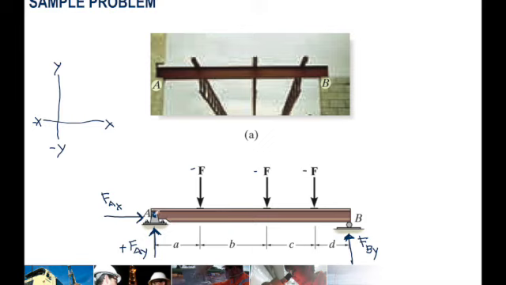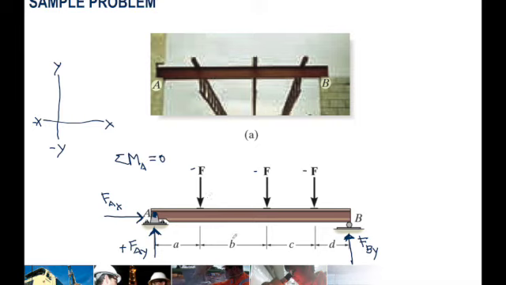So if we do a summation of moments about joint A, it should be equal to 0. What are the moments? We have this force F times A, which will rotate it clockwise. Another force F times A plus B will rotate it also clockwise. And another force F times A plus B plus C, which will also rotate it clockwise.